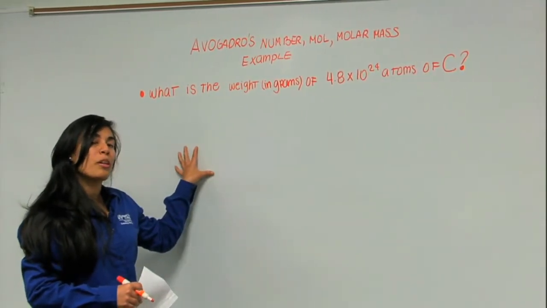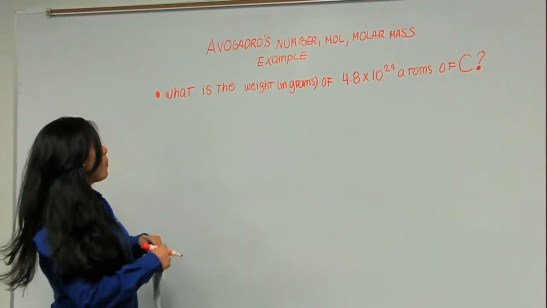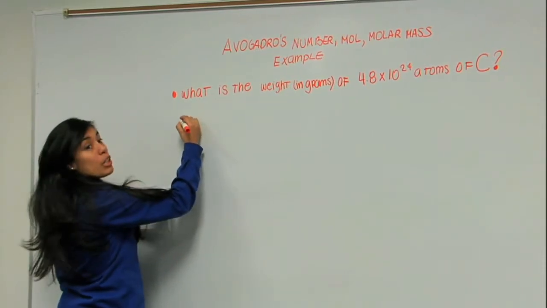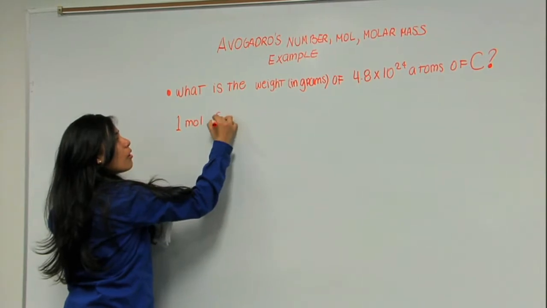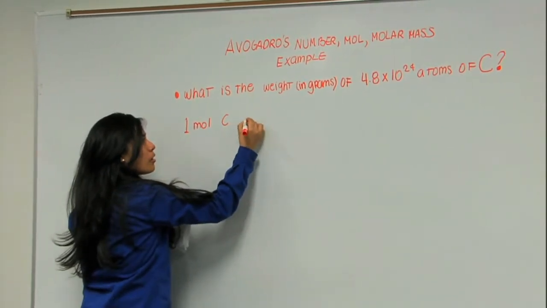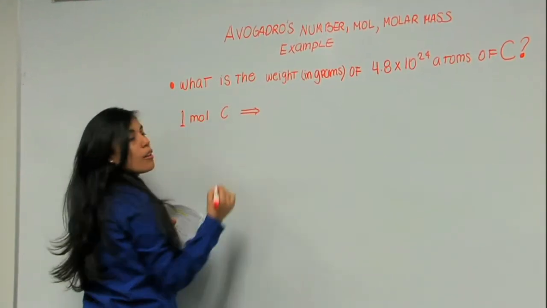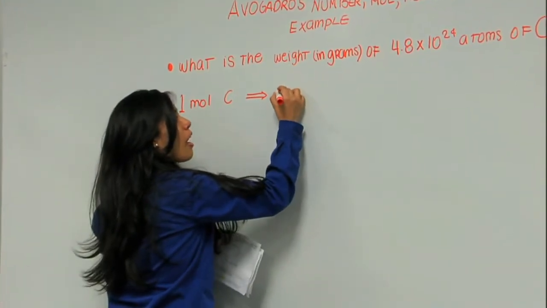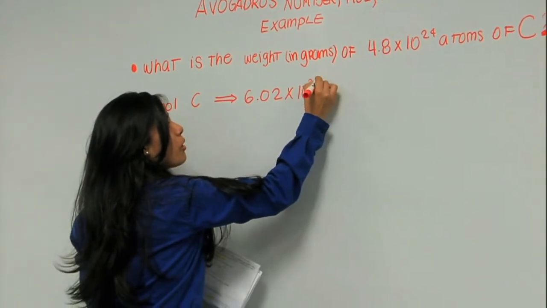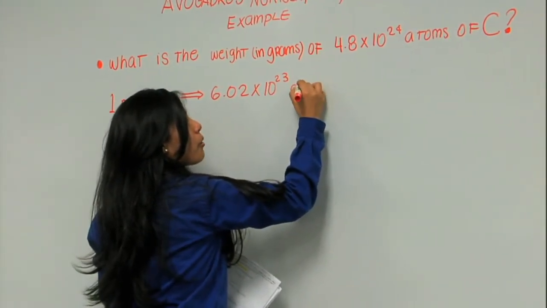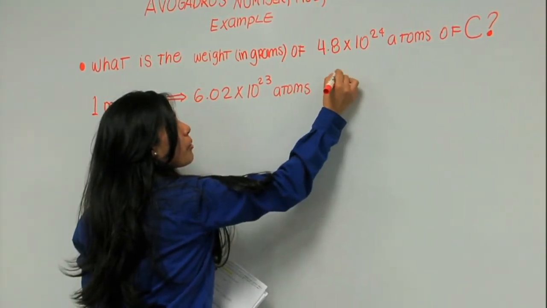So let's start by writing down what we know. We know that 1 mole of carbon is equal to having 6.02 times 10 to the 23 atoms of carbon.